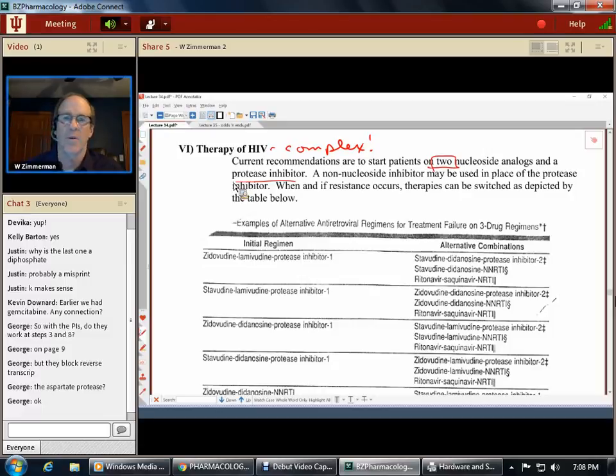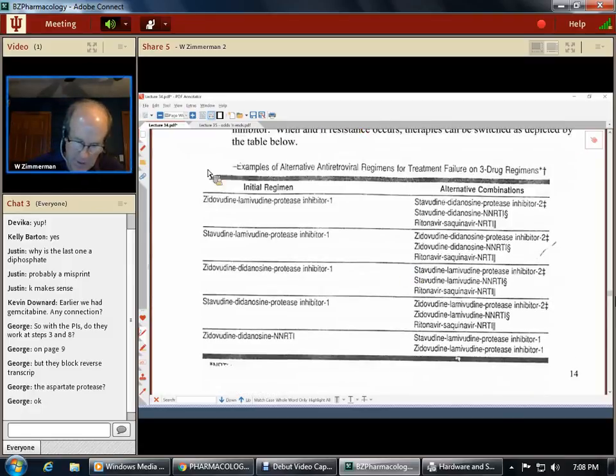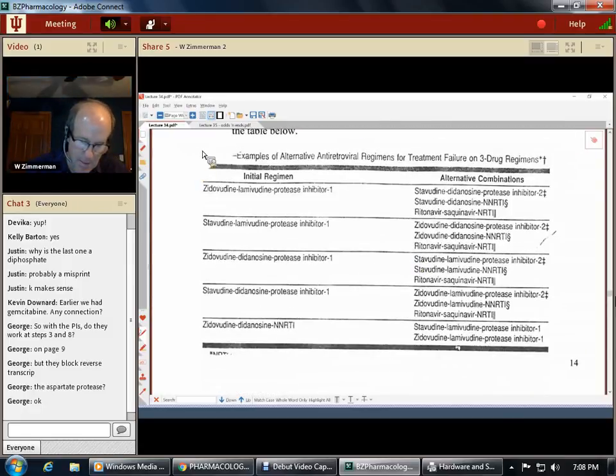And they start playing around with all these different combinations. This is actually a fairly old table. It's for your information only. I wouldn't dream of asking you to actually learn the different therapies and how to substitute; it's enormously complex. But just keep in mind, it's usually a triple therapy. It's the most common.